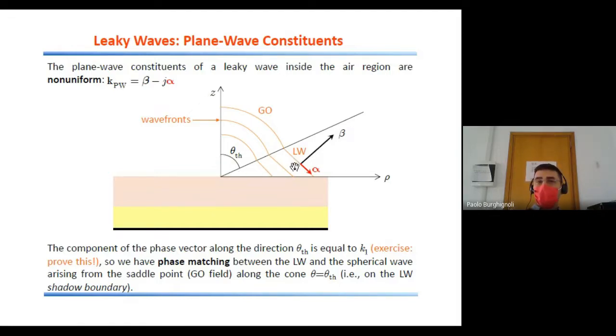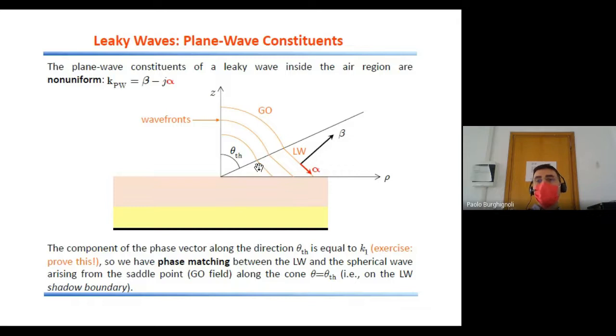But exactly for this reason, you can prove, and that's a useful exercise, that if you project the phase vector beta onto the boundary of the region of existence, what you get is exactly K1, that is the wave number in the upper medium.